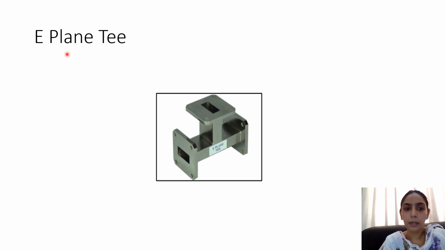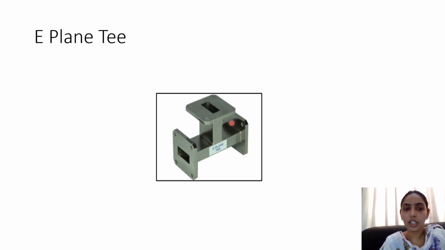Now, the E-plane T. In the case of the E-plane T, as seen, there are 3 ports. What is important here is that this side arm port will give the difference of the signals from the other 2 ports. If these are port 1, port 2 and port 3, this side arm is called the difference arm because it gives the difference of the signals between port 1 and port 2.